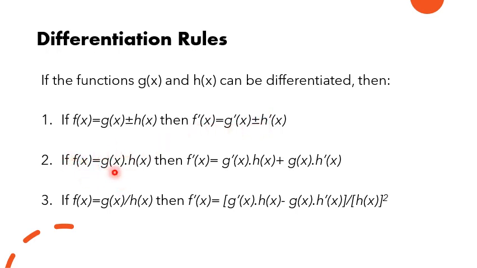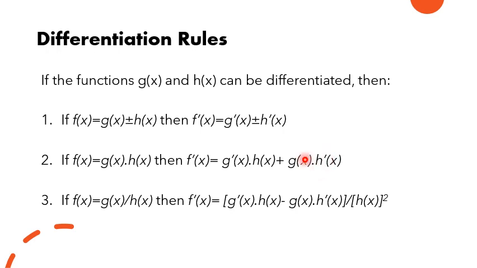And if here is the multiplication, g function of x times h function of x, then the first derivative of f will be the first derivative of g times the h function plus the g function times the first derivative of h. I know that you have learned that also in high school.